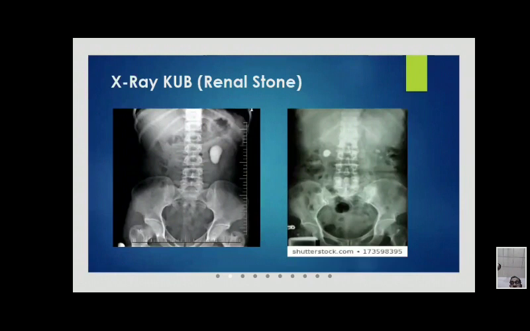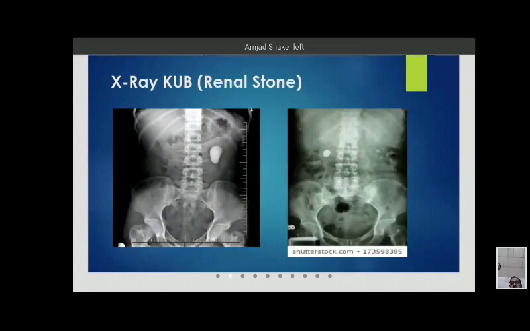So at the undergraduate level, the best answer is: after plain X-ray KUB, you can go for ultrasound of the KUB region to see the size, site, and number of the stone and the condition of the parenchyma of the kidney, and after that go for intravenous urography to see the functional status of both kidneys.